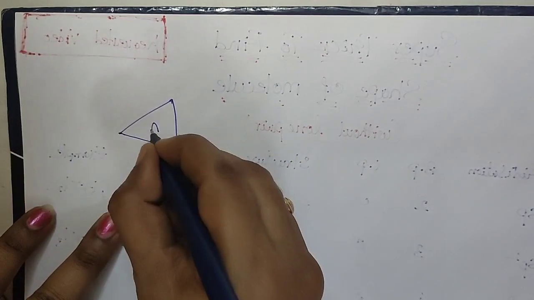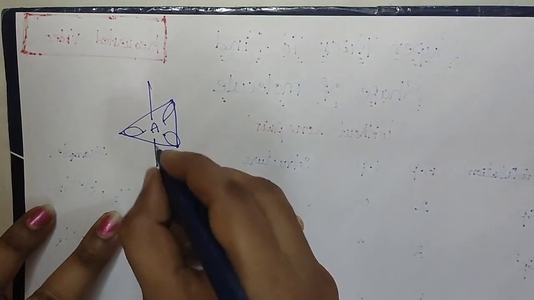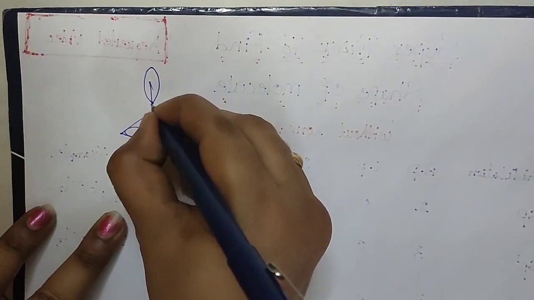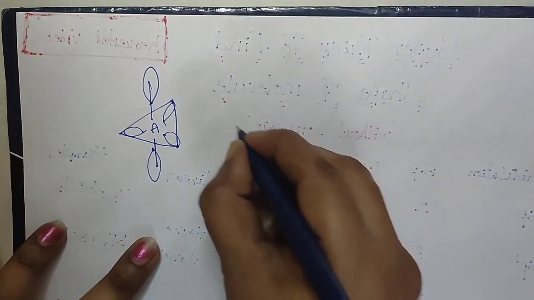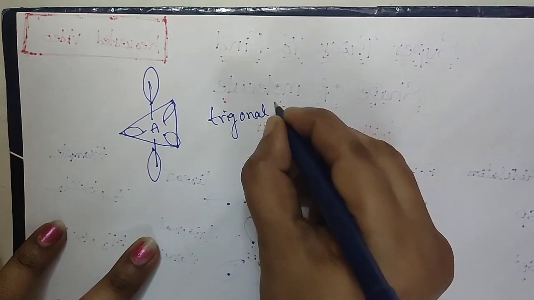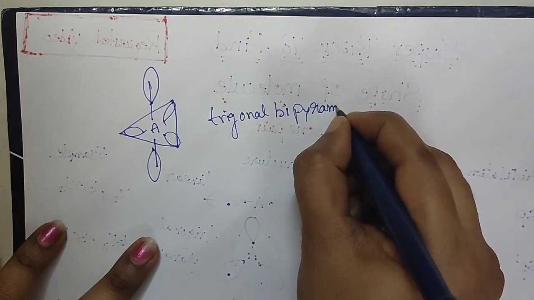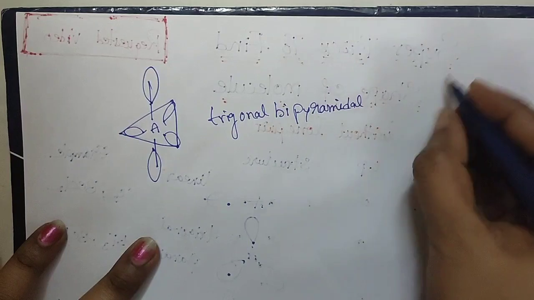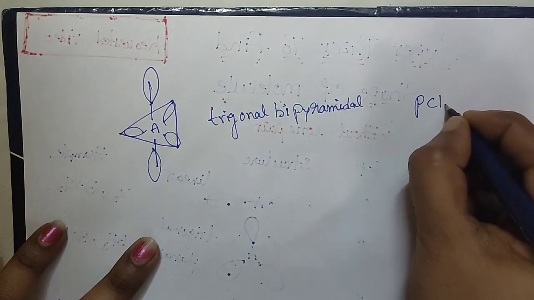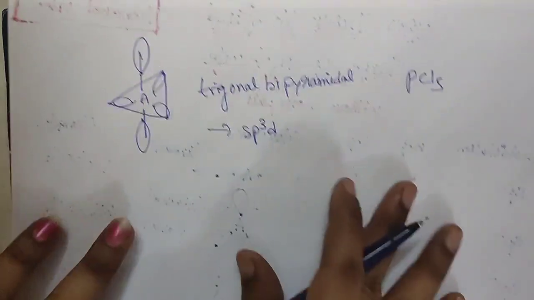Like this: central atom, 3 in the plane, 1 up and 1 down, and the shape is trigonal bipyramidal. The example is PCl5. The hybridization is sp3d.